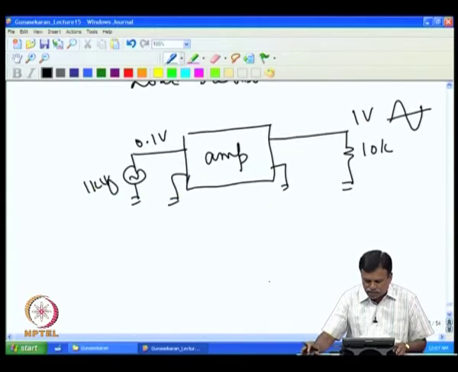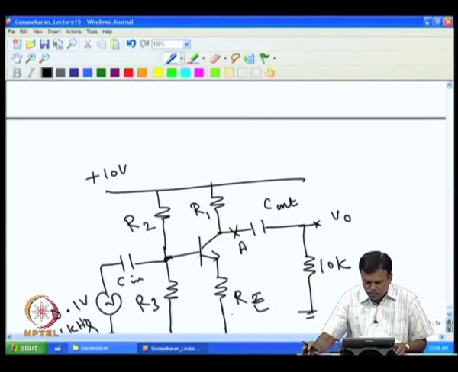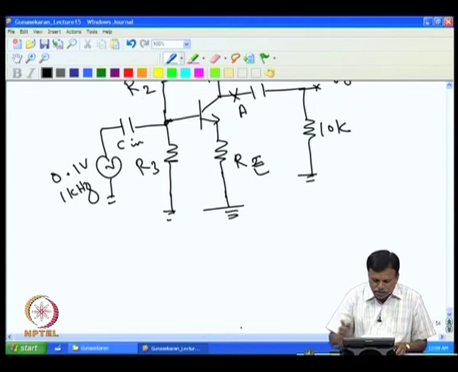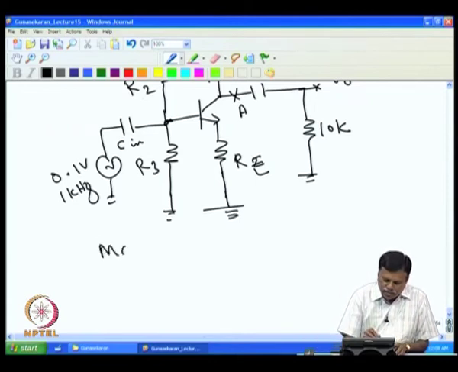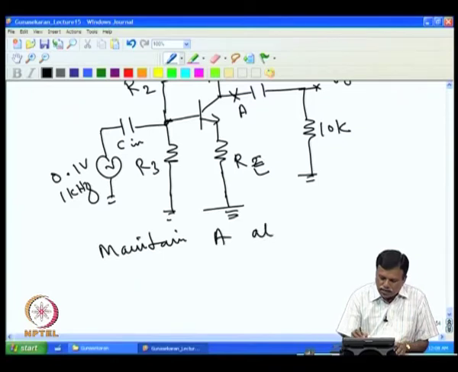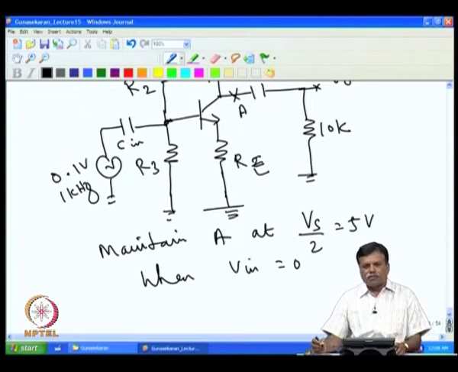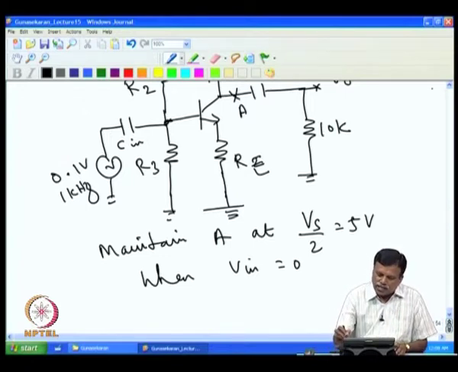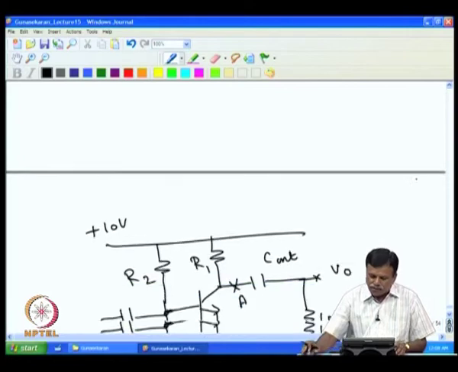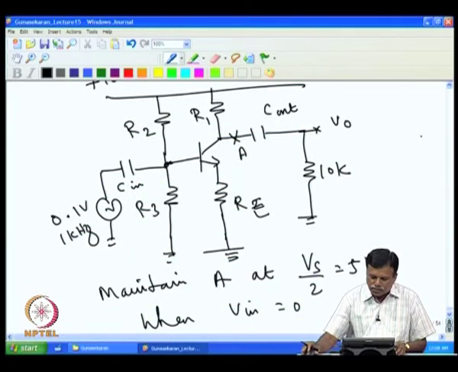So, our policy would be to maintain A at V supply by 2, that is equal to 5 volt when V input is equal to 0. When there is no input voltage, then make sure that the point A is at 5 volt. That is the first step that we have to keep.